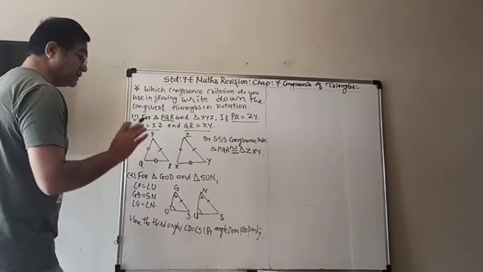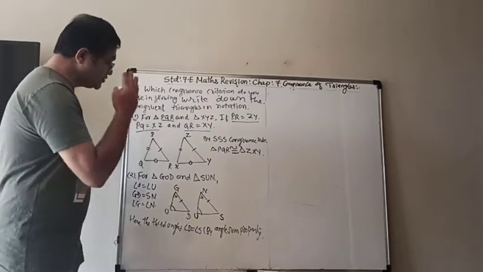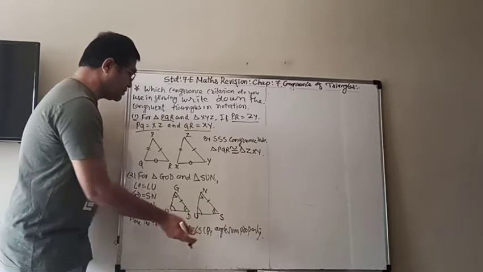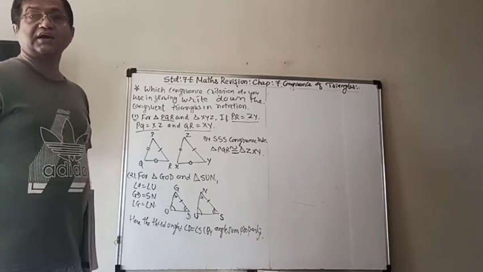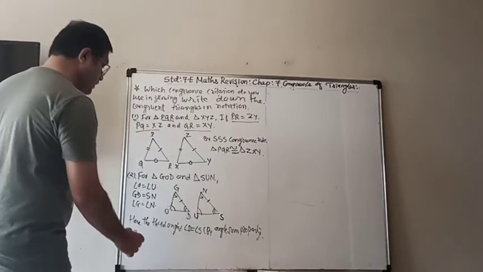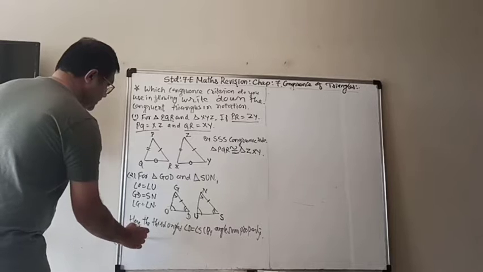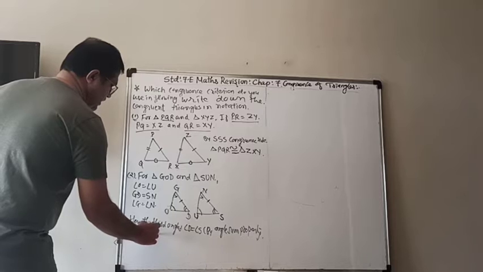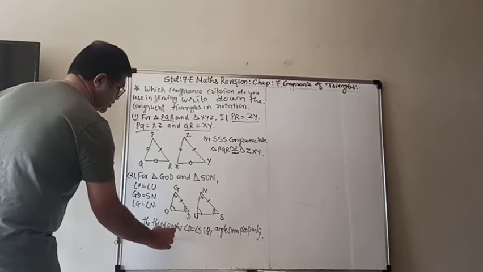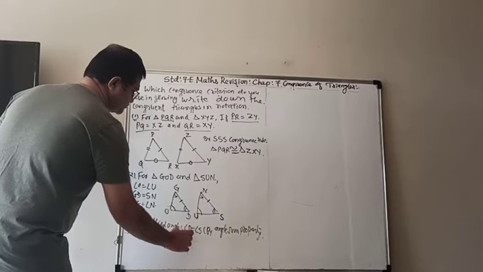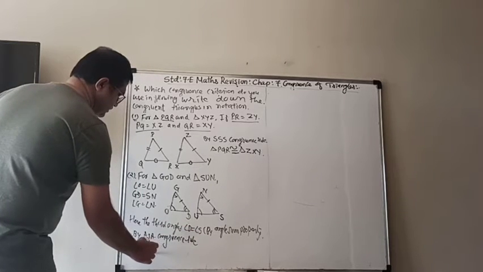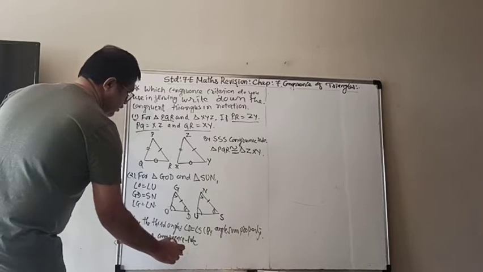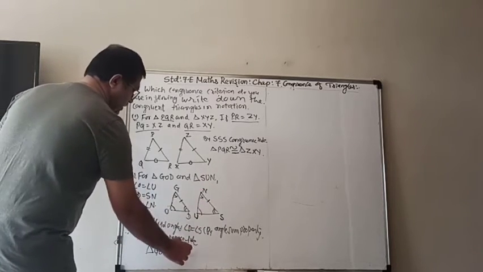But we are not given that. So by using that you can say that two angles are equal for the two triangles, then the third is obviously. Therefore, by angle side angle, ASA congruence rule, triangle GOD is congruent to triangle NUS.